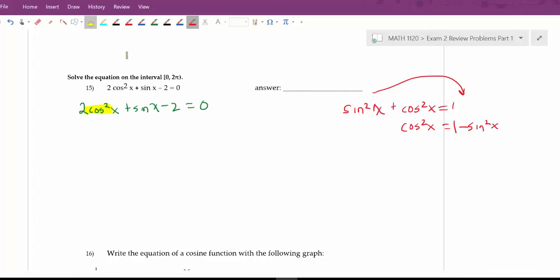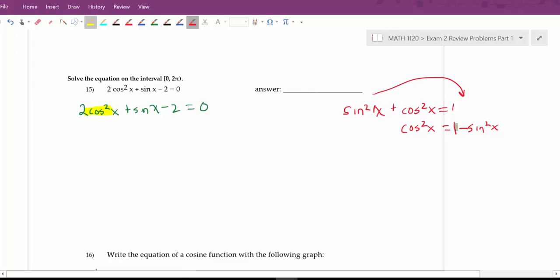So what I'm going to do is replace that cosine with this. Okay, so I'm going to write this down like 2 times the substitution plus sine x minus 2 equals 0. So I'm going to plug this thing in like that. Now see what we've accomplished by doing that is we have one trig function.